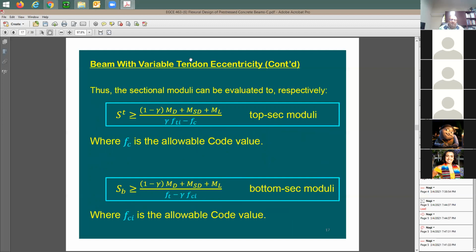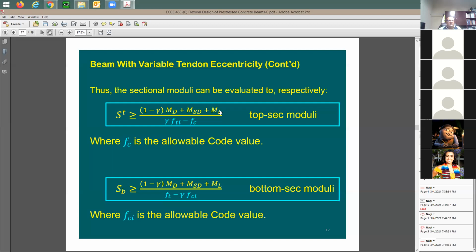You are given a beam. You have the dead load, the superimposed dead load, and the live load. You have the span. You can figure out the dead load, superimposed dead load, and live load moments.